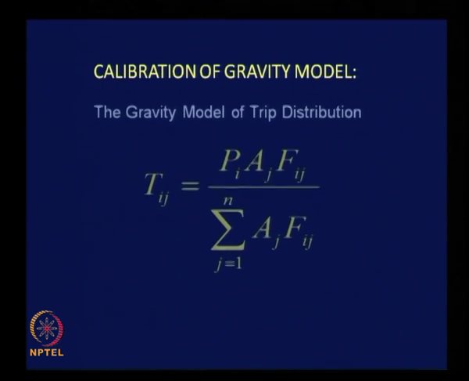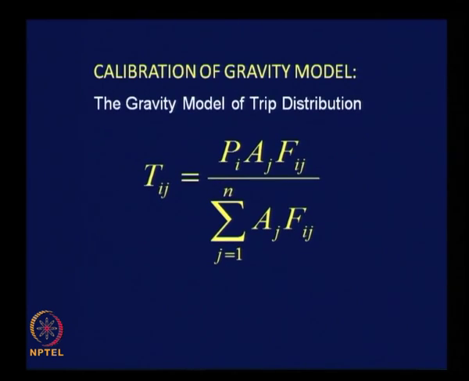Just to recollect the general form of the gravity model, this is the general formulation. Tij is Pi Aj Fij divided by sigma j is equal to 1 to n Aj Fij. Our interest here is to get the value of Fij. Fij is the friction factor which represents the travel impedance between zones, isn't it?